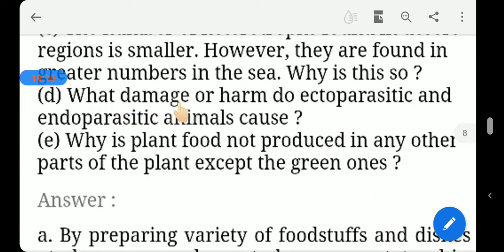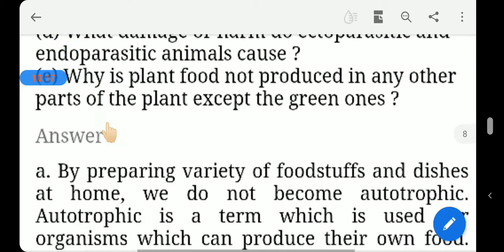Question D. What damage or harm do ectoparasitic and endoparasitic animals cause?